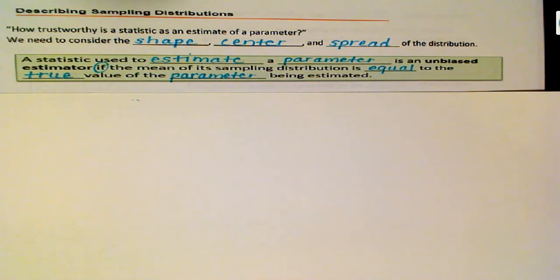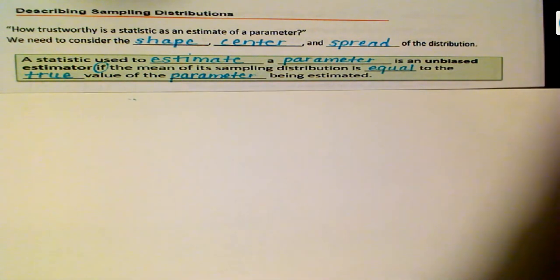A statistic used to estimate a parameter from the population is called an unbiased estimator if the mean of its sampling distribution is equal to the true value of the parameter being estimated. So that's just the definition of an unbiased estimator.